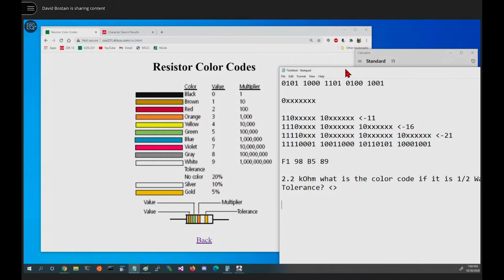Would it be red, orange, silver? And of course, when you wrote it in, you do it that way.